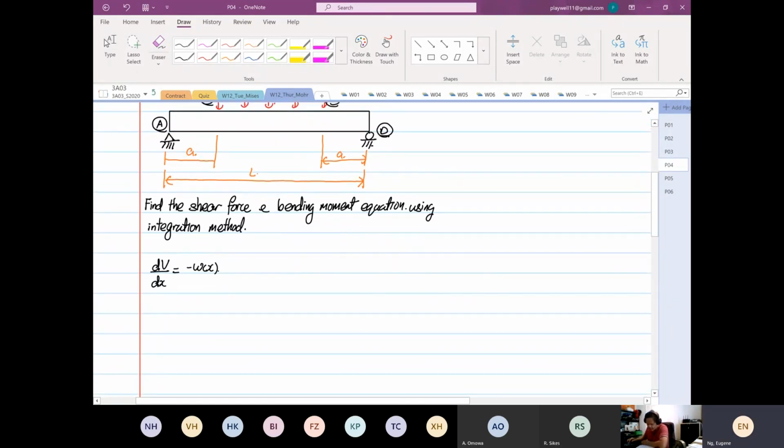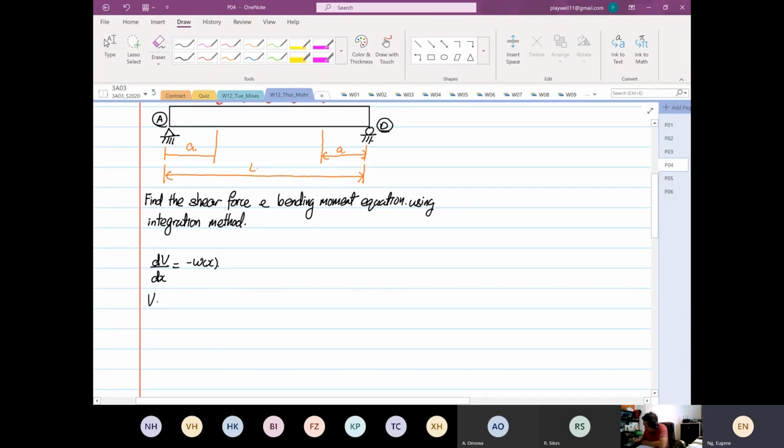So we already know that we have V as a function of x is equal to, where we know that we have to integrate minus omega as a function of x dx plus c1. Okay, or if we know the limits, we don't need to get our c1 and c2, yes or no?